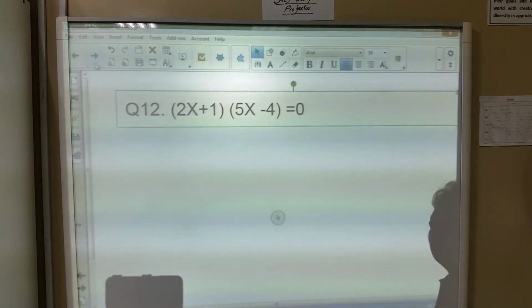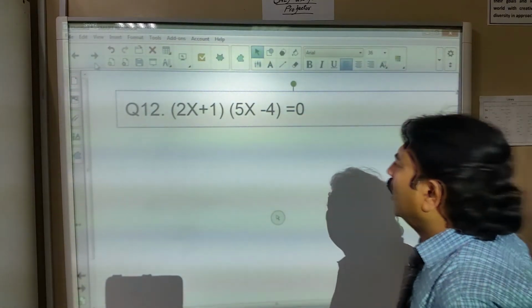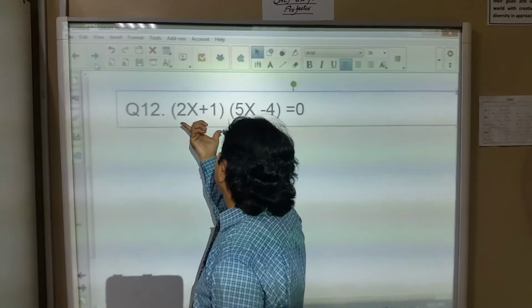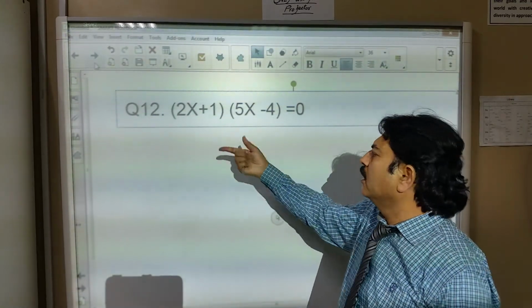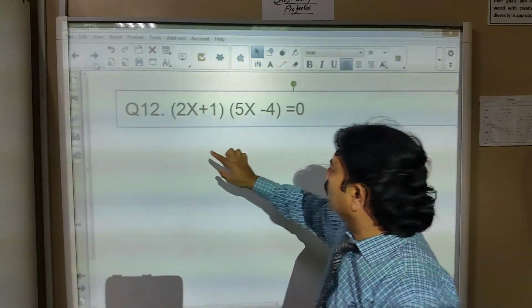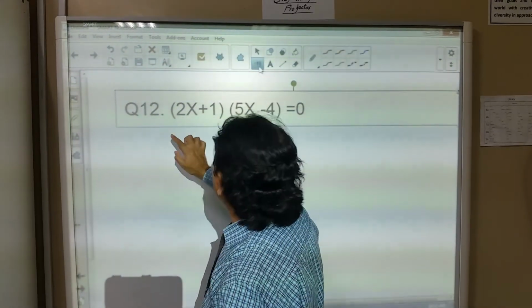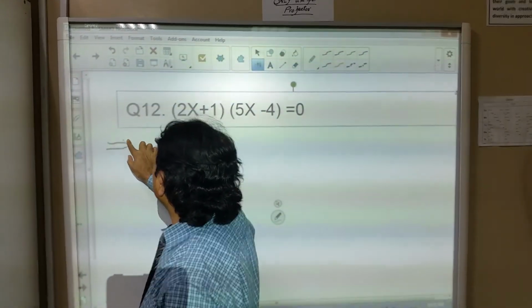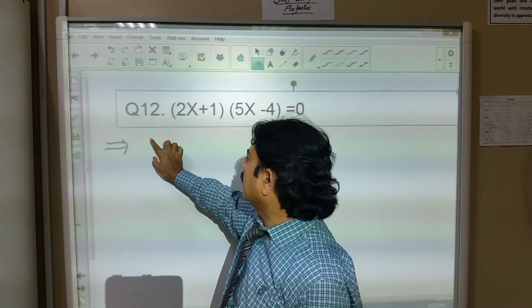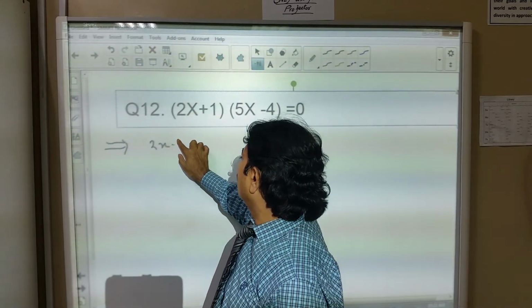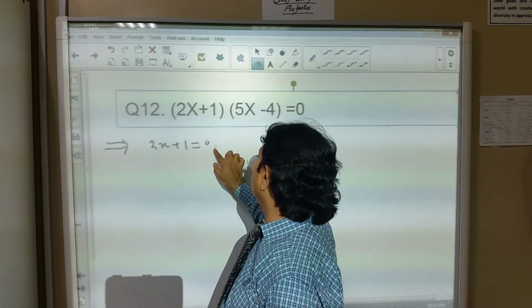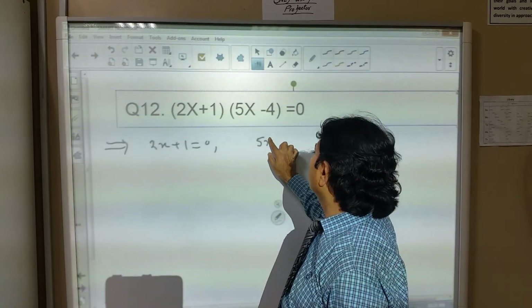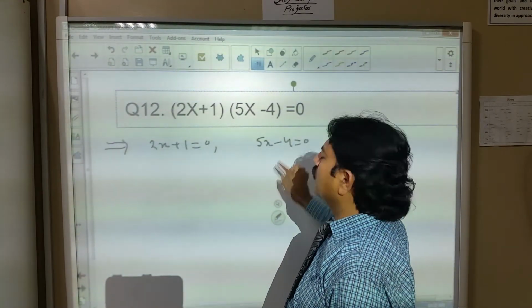Question number 12. Students, these are already solved. Two factors are given here. Simple, you will write it in this way. From these two factors, 2x plus 1 is equal to 0, or 5x minus 4 is equal to 0.